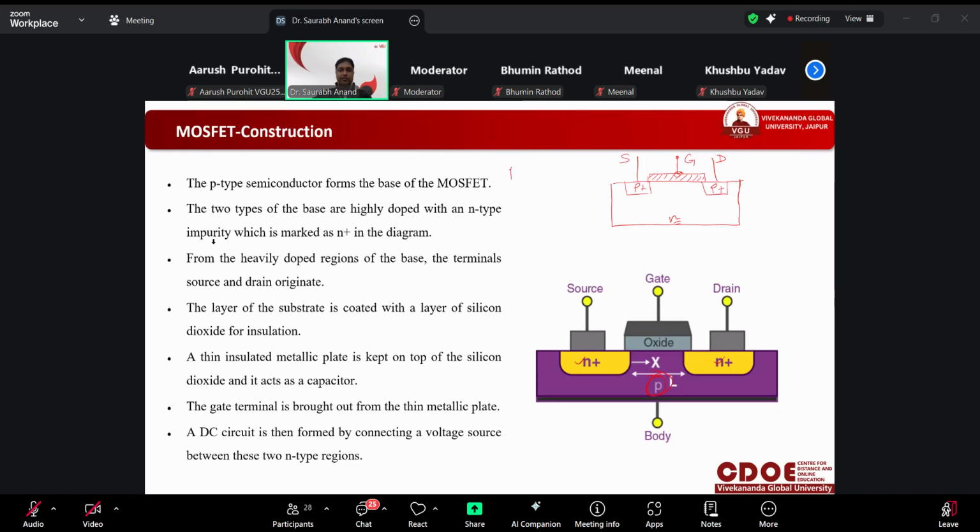That is why it is known as isolated gate. Isolated means separated. So MOSFET is also known as IGFET, isolated gate field effect transistor. The second name of MOSFET is IGFET due to the structure, because the gate is isolated from the structure.